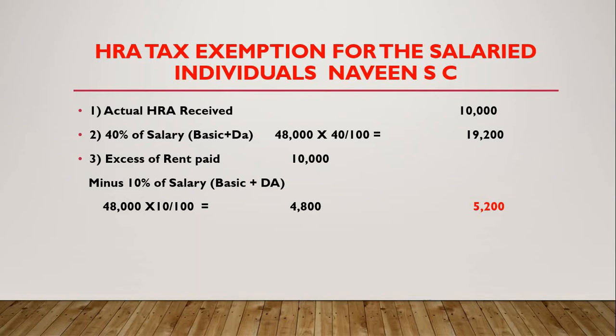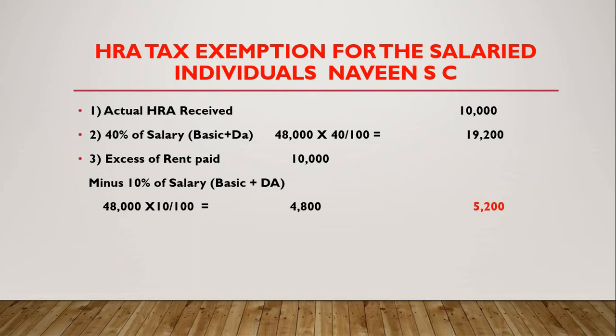So calculate for 11 months, because he entered from May, that's why you have to take 11 months only. Suppose he entered on 1st April, then 12 months. So 5,200 into 11, the total should be 57,200.